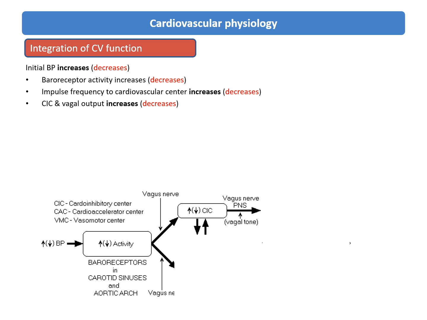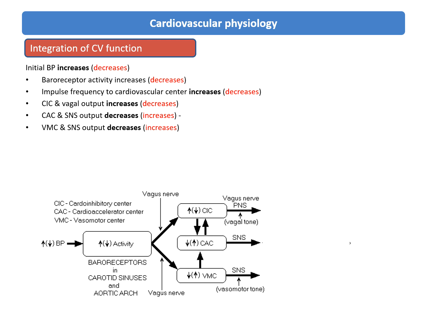Now remember, this is called vagal tone. The cardioinhibitory center acts on the accelerator center to turn down its activity, so its sympathetic output is decreased. The vasomotor center, meanwhile, receives input also from the baroreceptors, and this would decrease vasomotor center activity and thereby decrease sympathetic output.